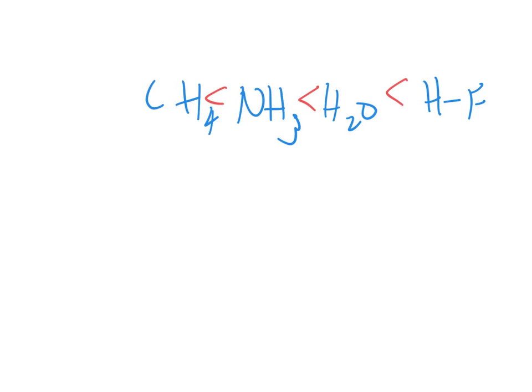Scenario number 3 is actually along that same line. So I'm going to draw this. This is ethanol. And then this looks an awful lot like ethanol, but there are 3 fluorines right here.